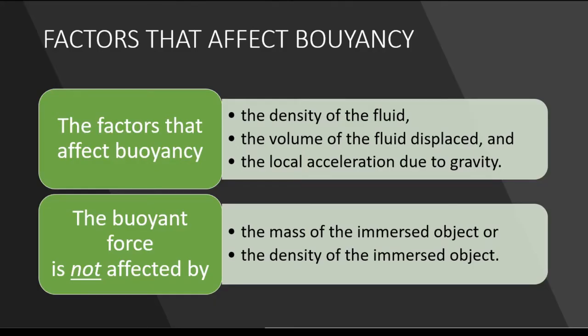Based on the Archimedes principle, the factors that affect the buoyancy are the density of the fluid, the volume of the fluid displaced, and the local acceleration due to gravity. The buoyant force is not affected by the mass of the immersed object or the density of the immersed object.